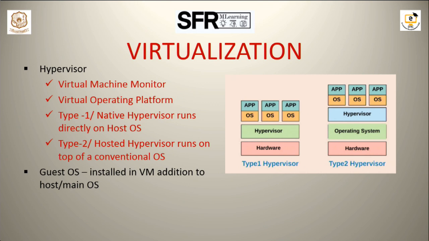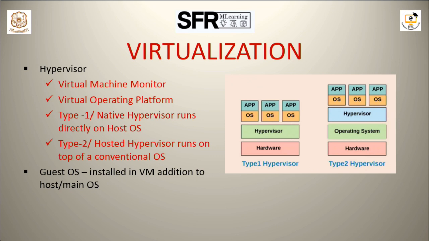So, the hypervisor is also called the virtual machine monitor. It supports a virtual operating platform for the users. There are two types of hypervisors. Type 1 is a native hypervisor. It runs directly on the host hardware. Type 2 is the hosted hypervisor. It runs on top of the conventional OS.